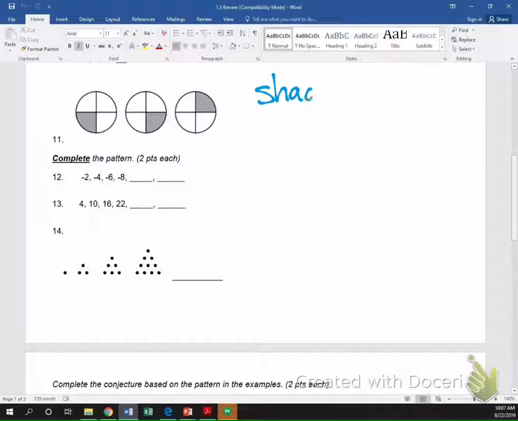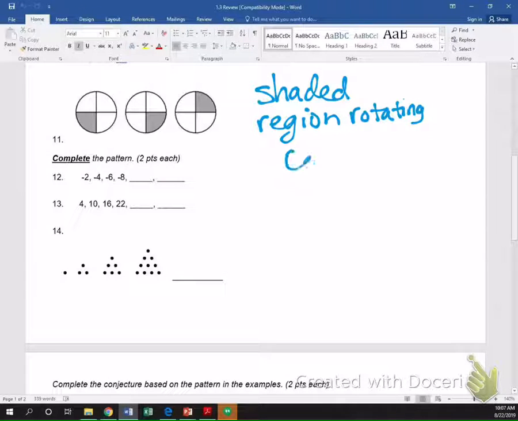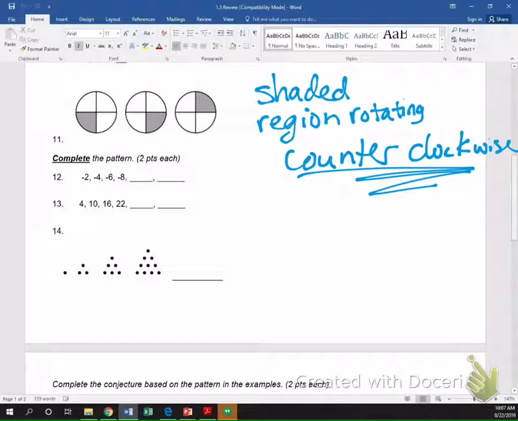So the shaded region rotating counterclockwise. Then he tricked us because he doesn't show us the directions. So we get a 3 point from that. I mean, that is a debate we can get into tomorrow.